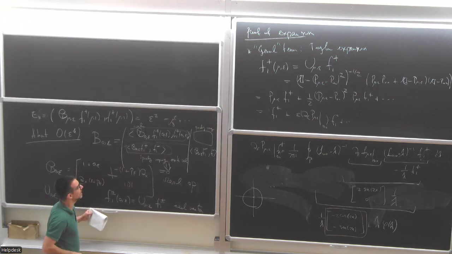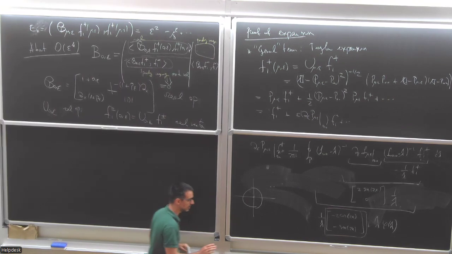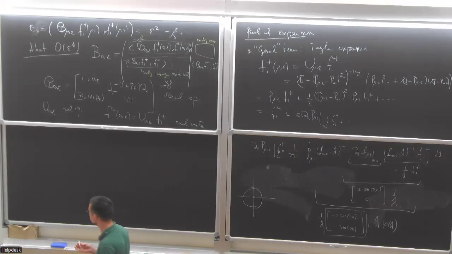So this means that this 4 times 4 matrix at 0, you already know that there are plenty of 0. All the components which in principle are imaginary actually are also real, and so they are 0.